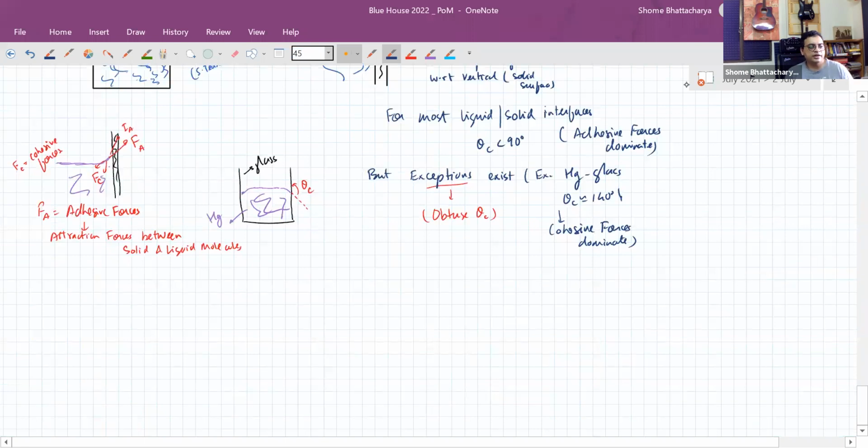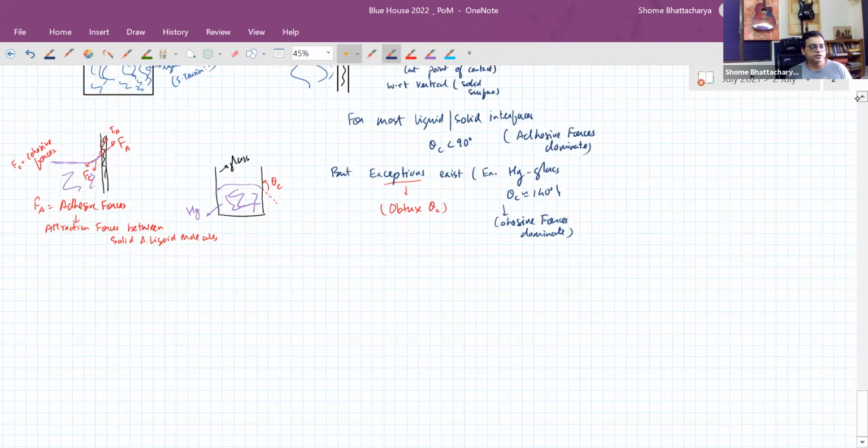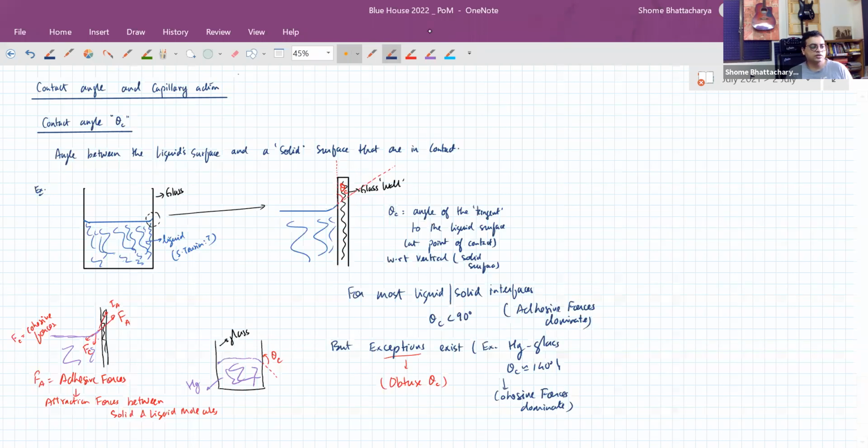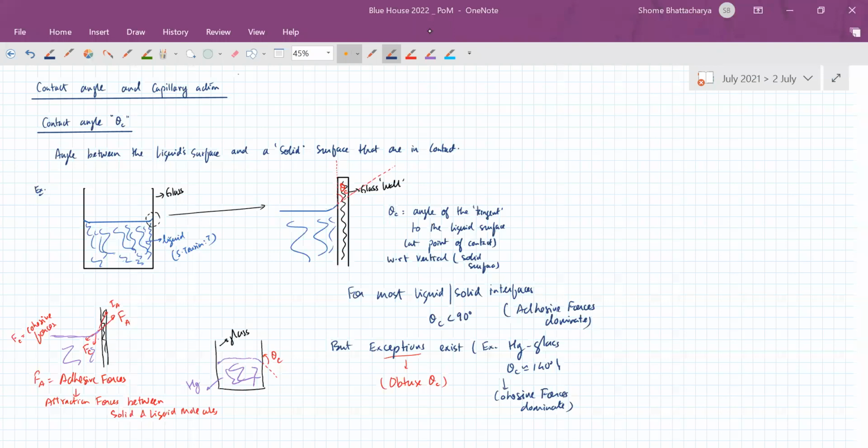Now the value of contact angle for a given liquid solid interface is a material property of that pair of materials. For example, water with glass has a contact angle of nearly 0 degrees, or a very small contact angle. But water and some other surface like stone or wood will have a different contact angle.